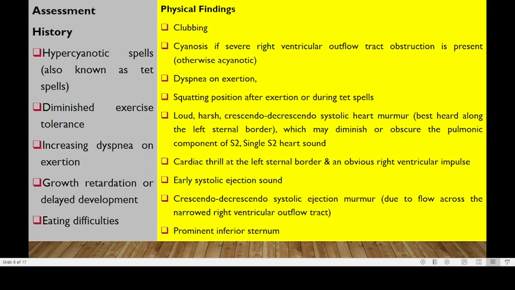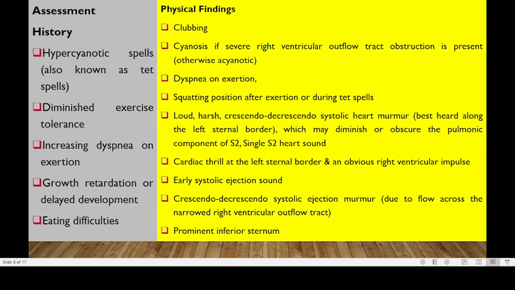and even eating abnormalities. If you perform your physical assessment, you could observe the patient has clubbed fingers, or cyanosis if there is severe right ventricular outflow obstruction. Otherwise, they could be acyanotic. We could also have dyspnea on exertion or a squatting position after exertion or during the TET spells.